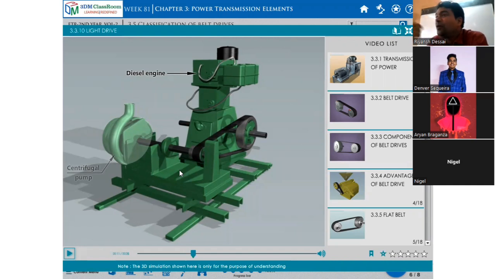We need only power to rotate, so the engine is used to operate the torque, a rotational power drive. Here this pulley will become a driver pulley, because it is rotated by the engine.